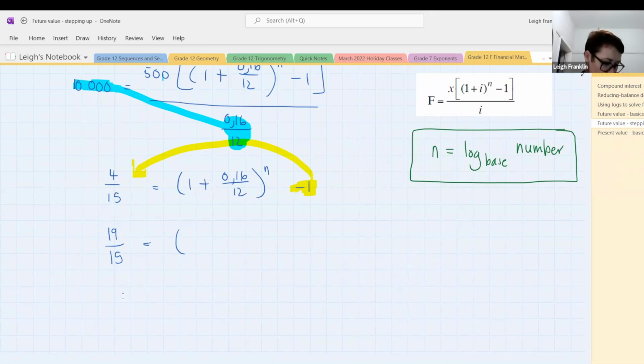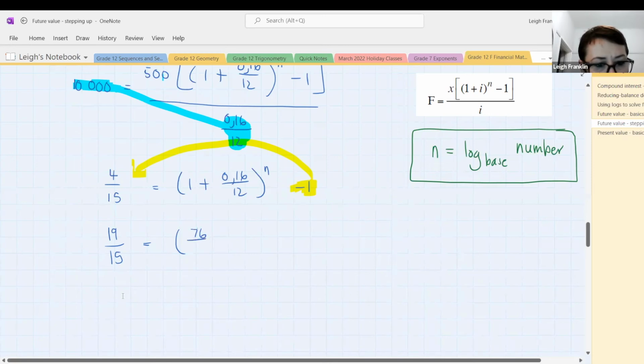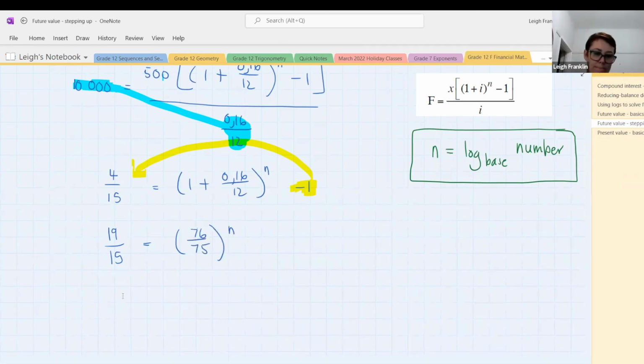And I'm just going to work out what 1 plus 0.16 over 12 is, 76 over 75. We want to leave it as an improper fraction because we don't want to round that off. So I'm going to leave this as 76 over 75 to the power of n.